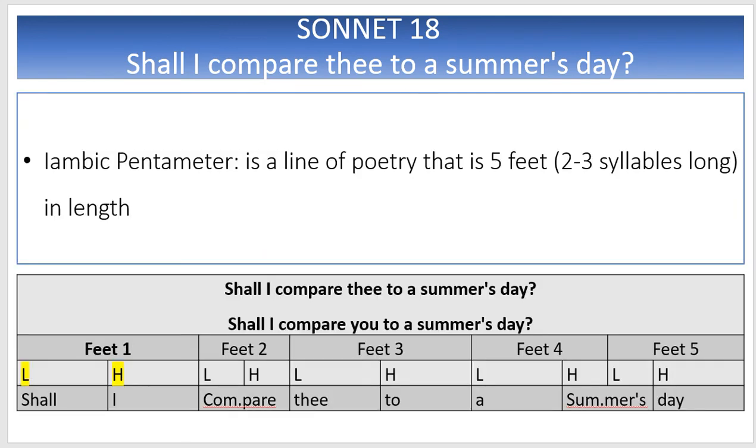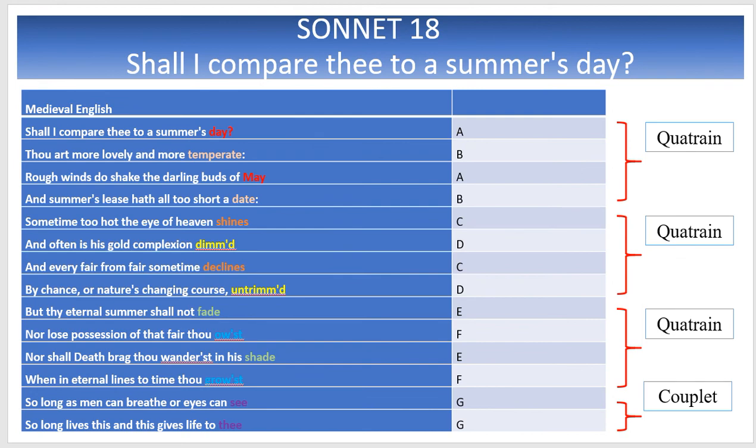Now, let's have a question here. How would you tell that this sonnet, Sonnet 18, Shall I compare thee to a summer's day, is a Shakespearean sonnet? In order to comprehensively address this question, we need to refer to three main points: the structure, the rhyme, and the internal beat or the iambic pentameter.